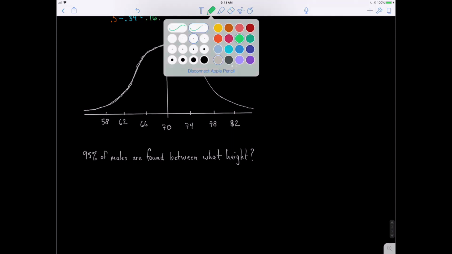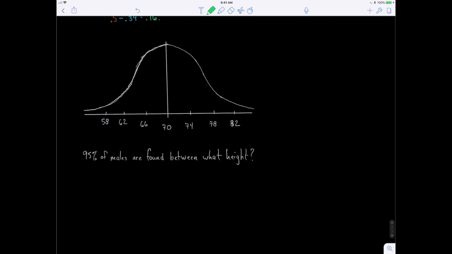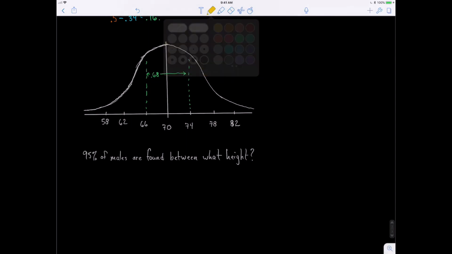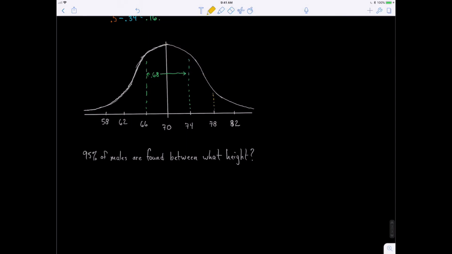Let's take a look at this. This one actually becomes a direct application of the empirical rule. So it says, remember, that if you're one standard deviation above and one standard deviation below, well, that's 0.68 of the curve. And then it says that if you take it another step and you go 2 standard deviations above and 2 standard deviations below, well, that's 0.95 of the curve.